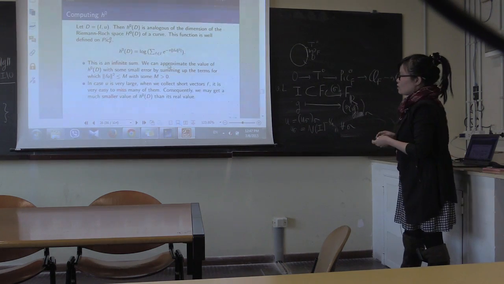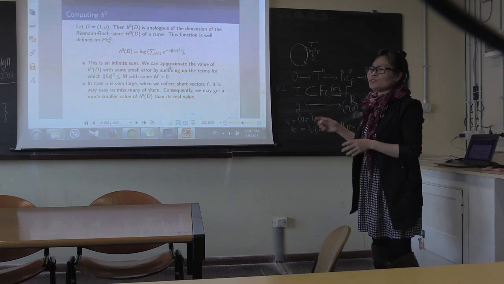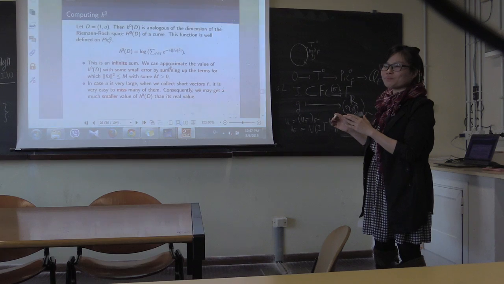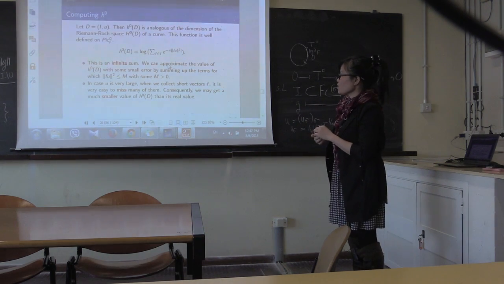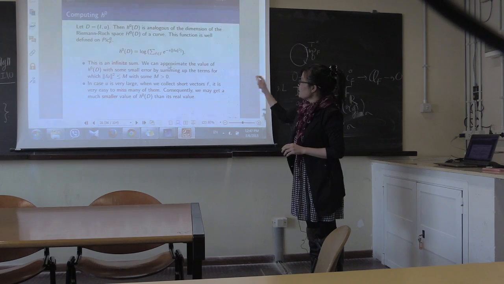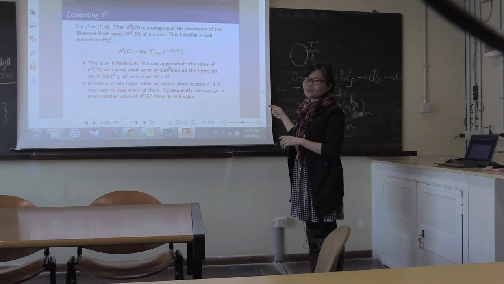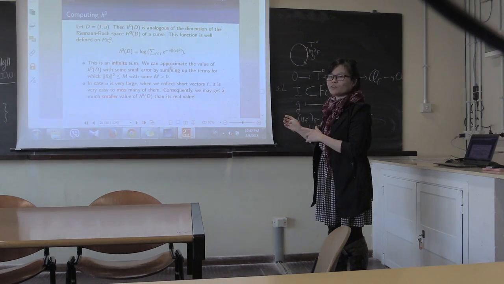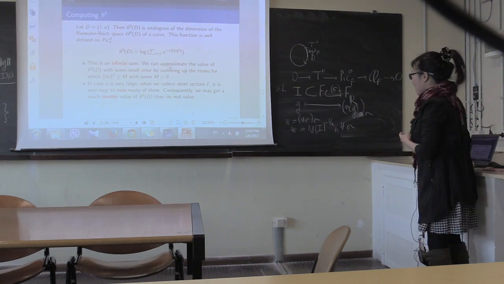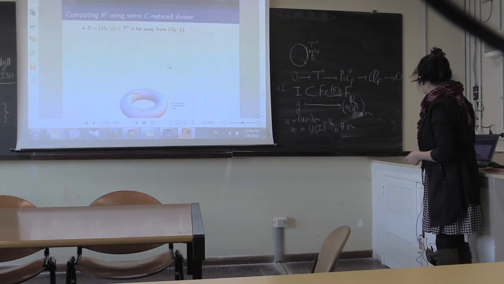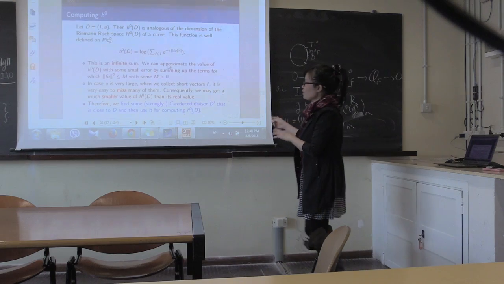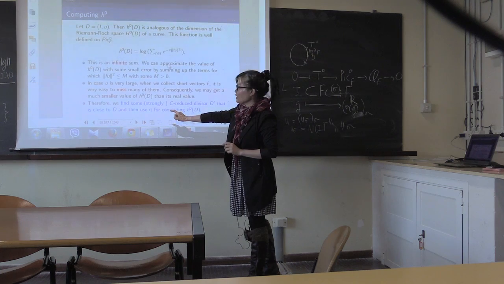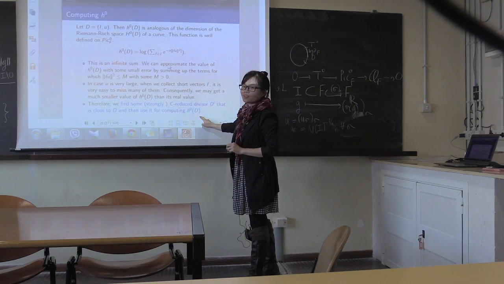And we only compute it in case U is very large, because if U is short, then it's trivial to compute this sum. And if U is very large, then when we compute this sum, it's very easy to miss many of these numbers, and you can get a smaller value of this function than its real value. And the trick is you will find some C reduced or strongly C reduced D prime, which is close to D, and use it for computing this function.